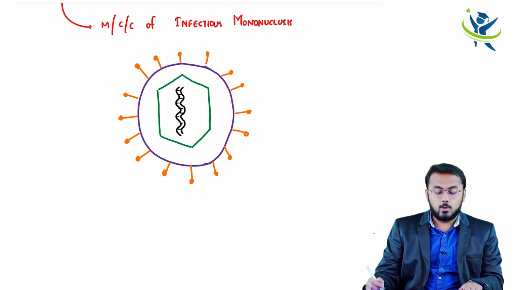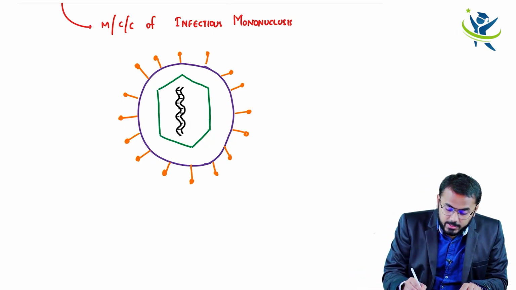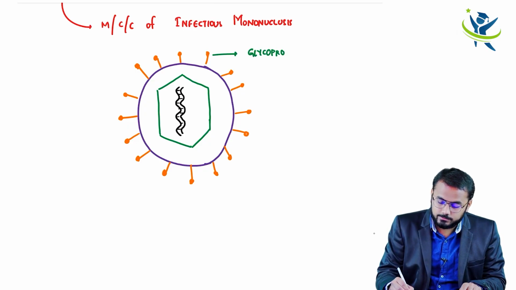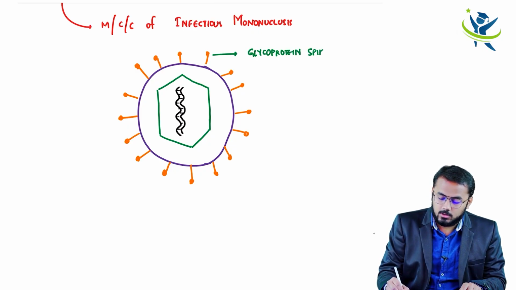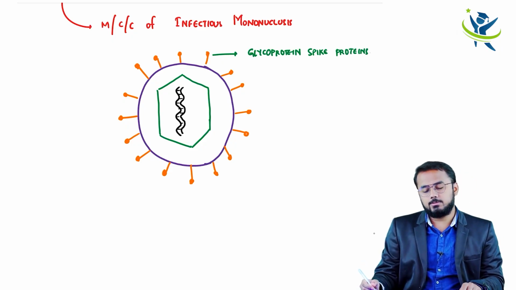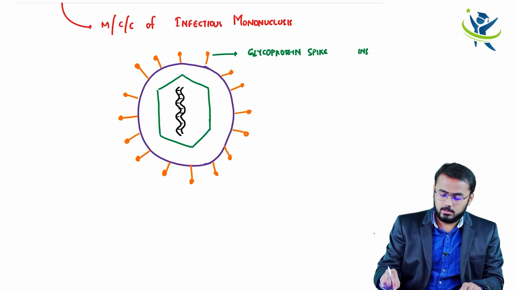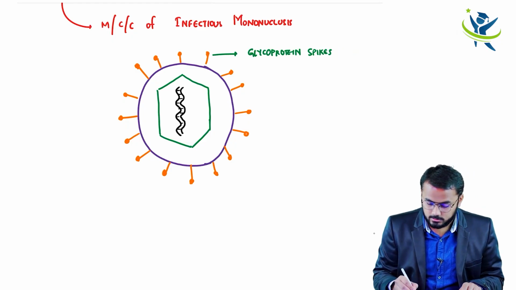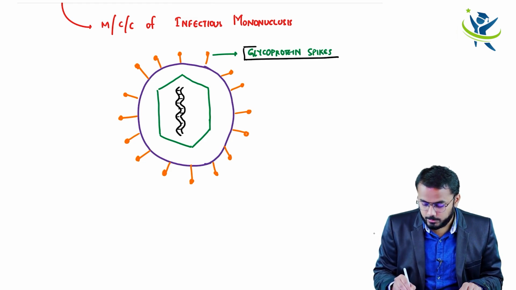These are called glycoprotein spikes, or glycoprotein spike proteins, or simply for short, glycoprotein spikes.